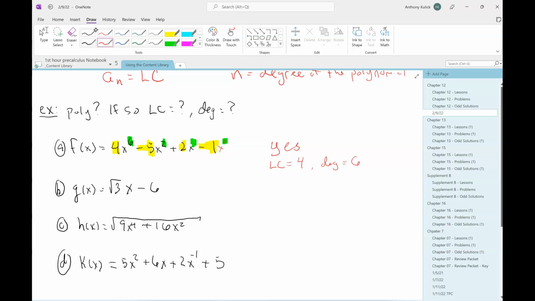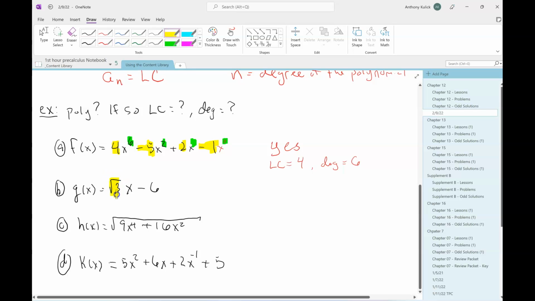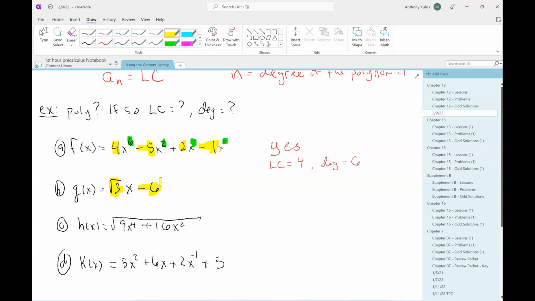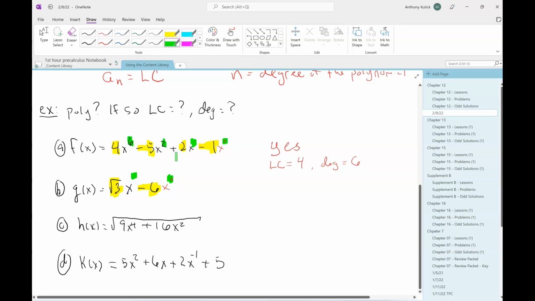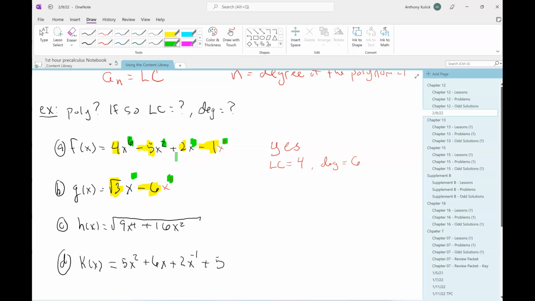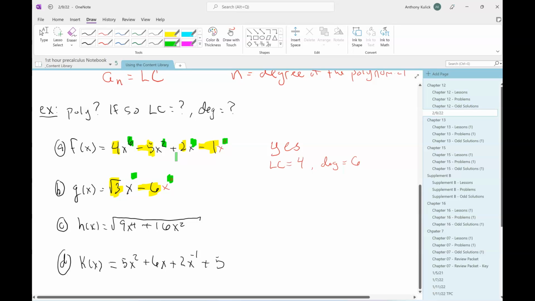If we look at the coefficients, those are both real numbers, right? Root 3 is a real number. Negative 6 is a real number, so that's okay. The exponents are non-negative, 1 and 0. The only operation between the coefficients and the variables is multiplication, and then we have addition or subtraction between the terms. So it's good. Yes, this is a polynomial.